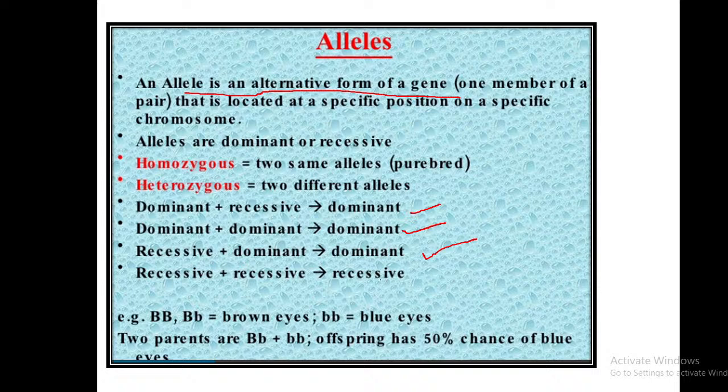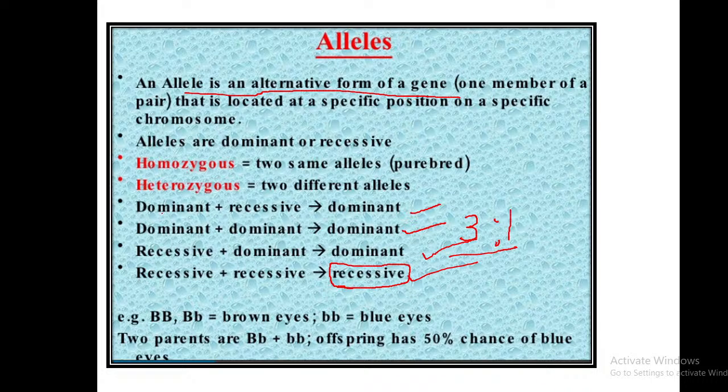Recessive plus recessive gives a recessive condition. So the expression of recessive is 3:1. This is how we have learned in Mendelian genetics, that is 3:1. Only if the recessive character comes in two genes, or in homozygous condition, will it be expressed.